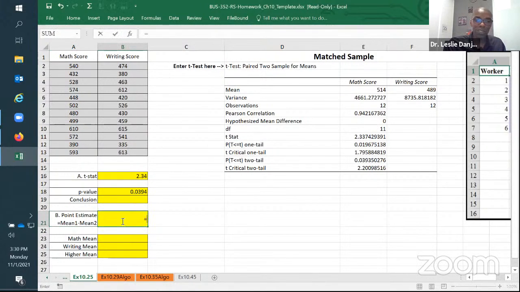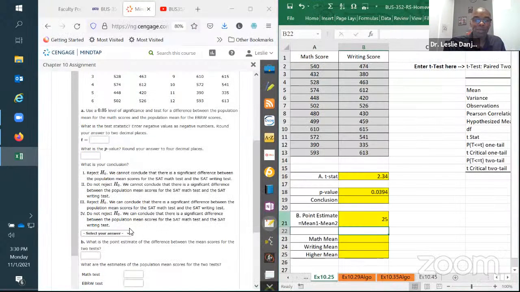So if I put equals mean 1 minus mean 2, that will give me my point estimate. Let me plug in those numbers and see if I'm right. 2.34. My p-value is 0.0394, and the point estimate is 25.